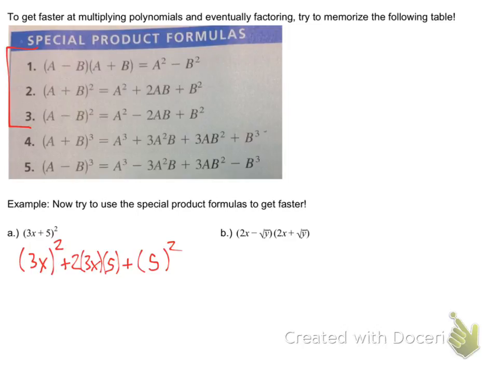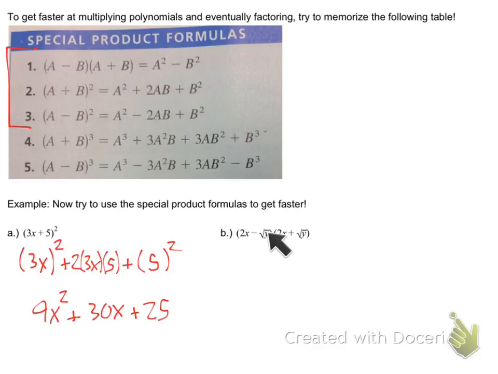So the quantity 3x squared becomes 9x squared plus 2 times 3 times 5, 30x plus 25. Done. I think possibly, I'm not saying possibly, it is quicker than foiling. Now, obviously, as we get going on this, you don't possibly need to write this out. You just know that you're going to square the first term, square the second term, multiply them together, multiply by 2. Boom, done.